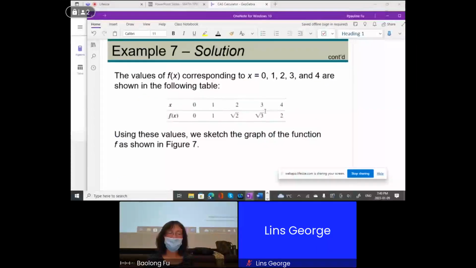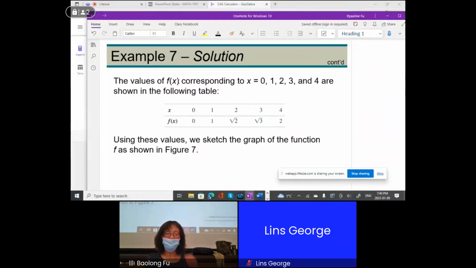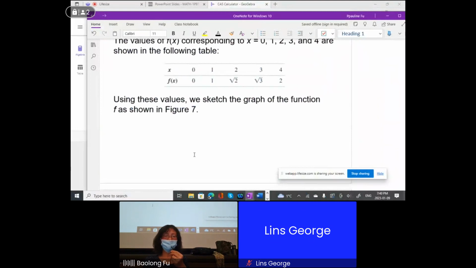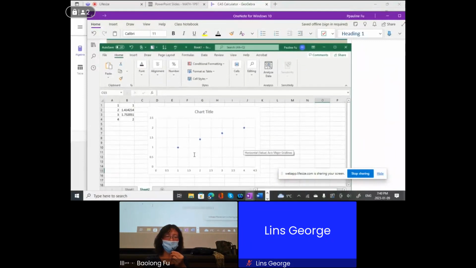Okay, next example. Oh, sorry, I should use the mic. The values of f(x) corresponding to x equal to 0, 1, 2, 3, 4 are in this table. Use these values to sketch the graph of the function. This time I want to use Excel to do it.